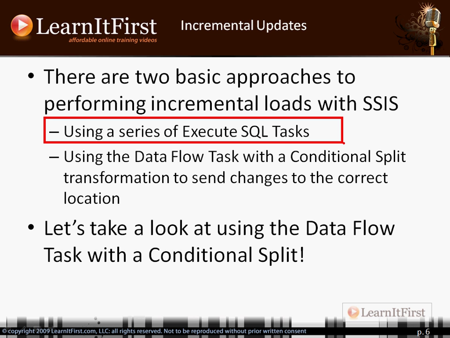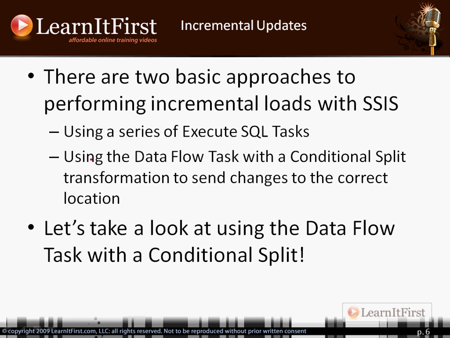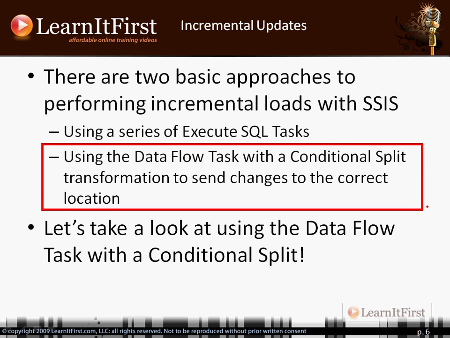And so the most flexible option is using the Conditional Split transformation with a Data Flow task. So you use the Data Flow task to define your sources. You bring them in, you put them into a Conditional Split.